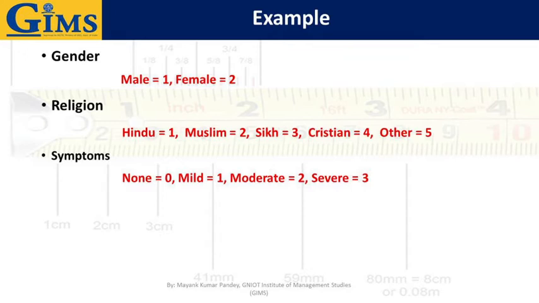So we get the data in the form of male, female, or in the form of Hindu, Muslim, Sikh, Christian, or others. We get data in the form of no symptom, mild symptom, and so on and so forth.